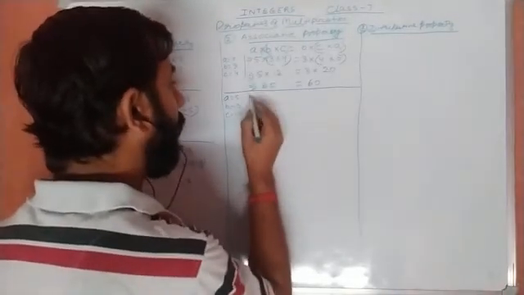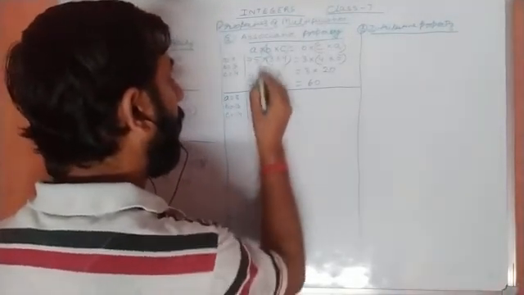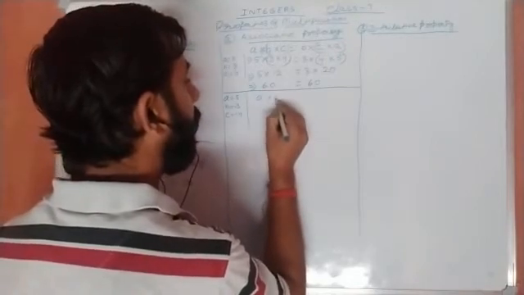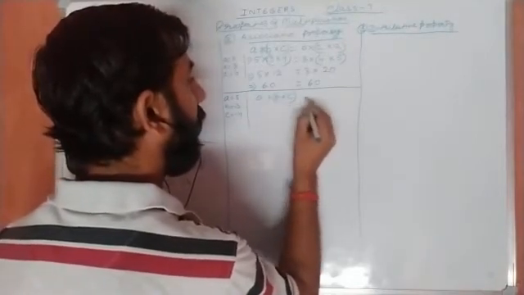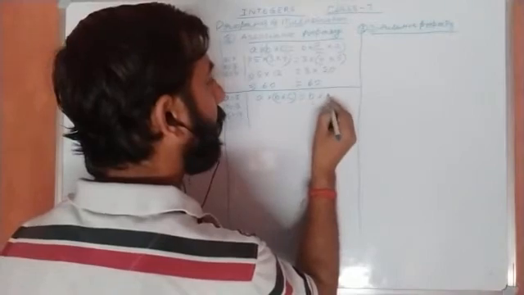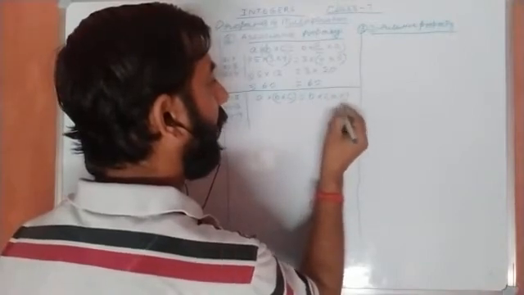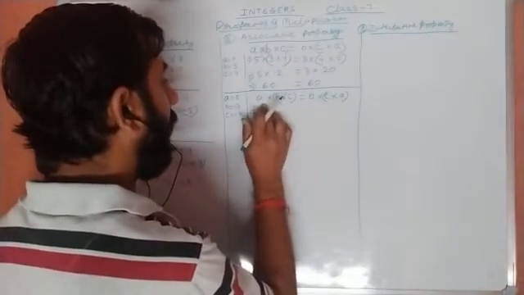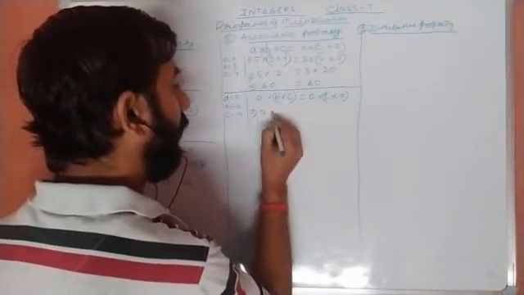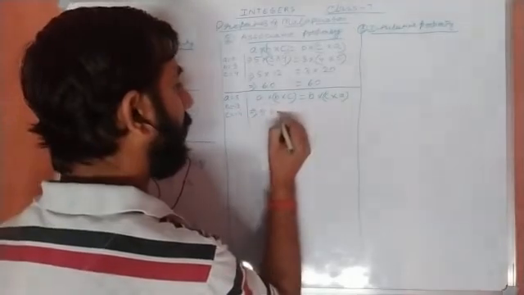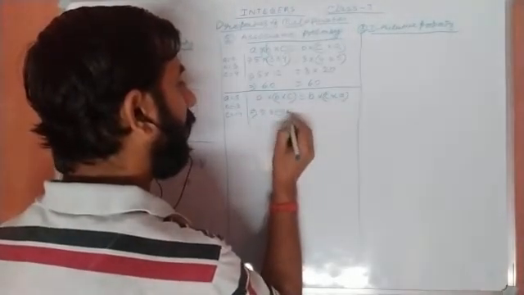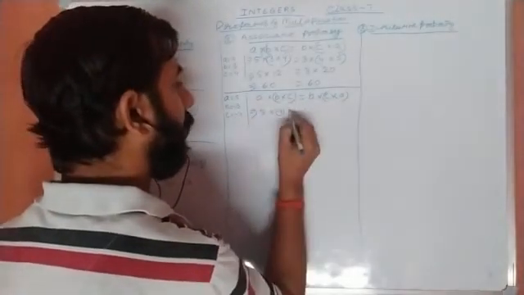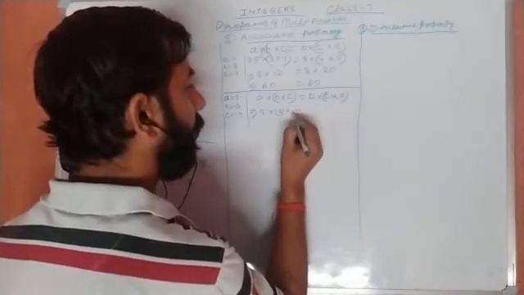Now the same way, A into B into C equals B into C into A. A is what? Plus 5. B is minus 3. C is minus 4 into minus 4.